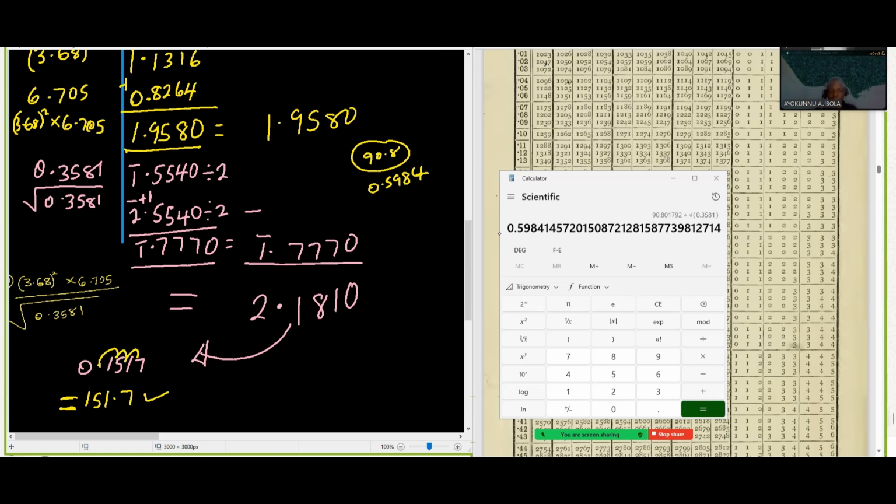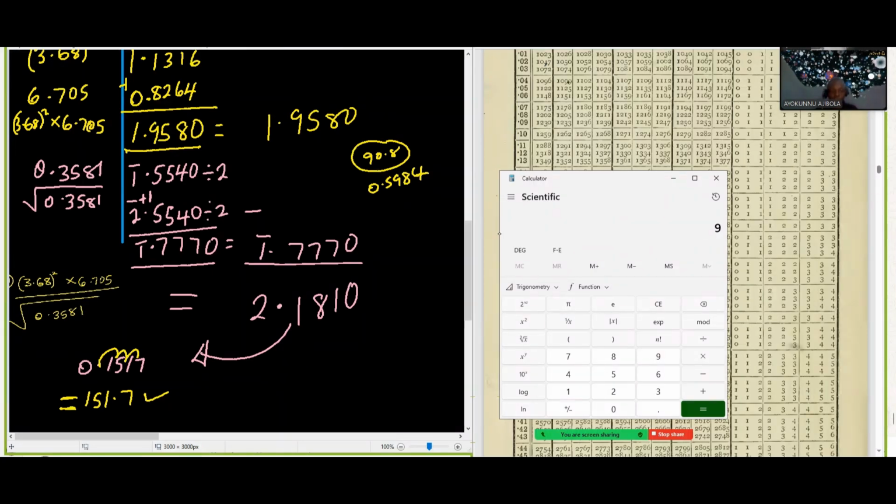Yes. So I have 90.8 divided by 0.5984. Wait a minute, I think I've pressed it two times.